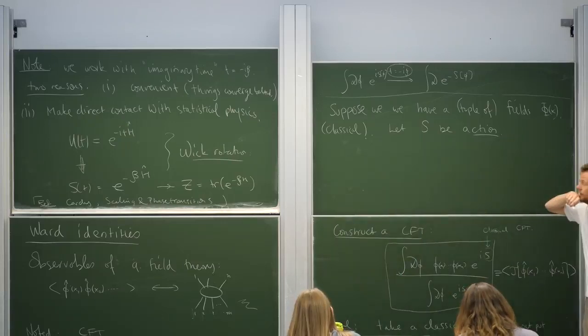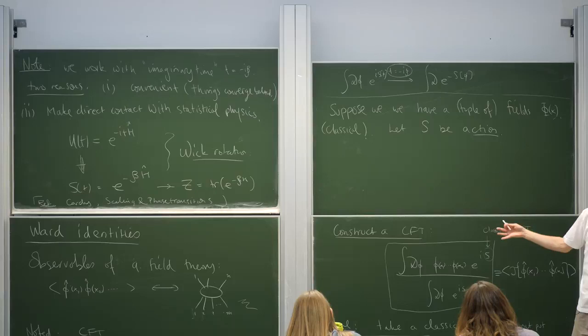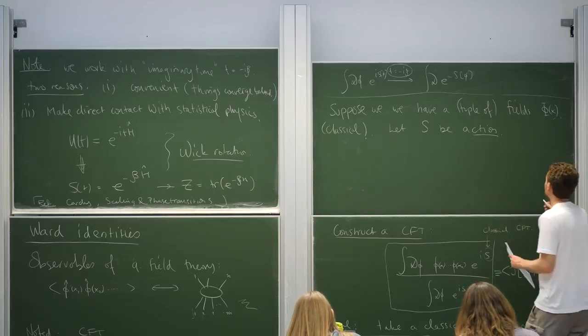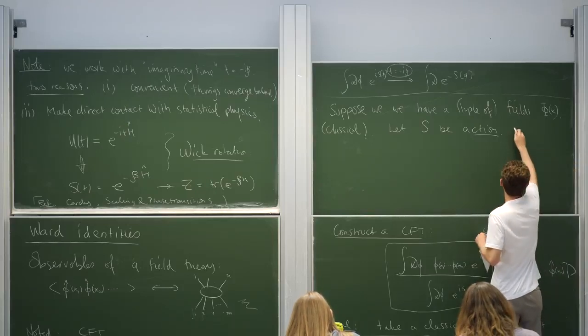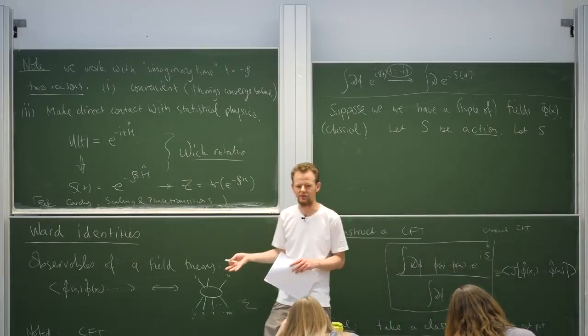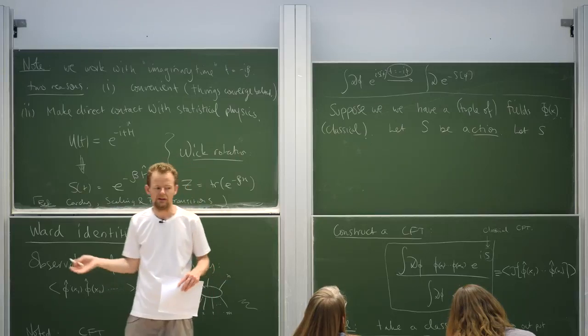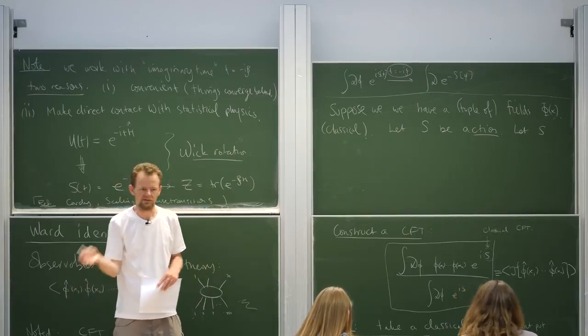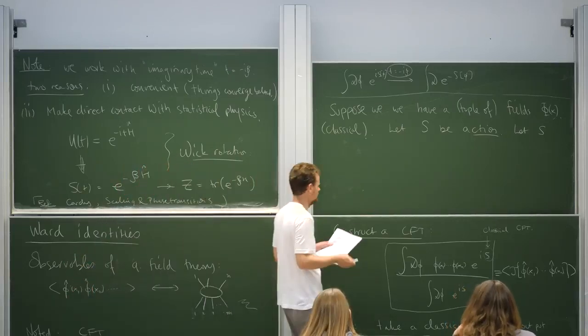Now, we're not going to just take any old action. We're going to take actions that are sufficiently symmetric, ones that are invariant under lots of symmetry transformations. Because if we can't even have a classical theory that's invariant under conformal symmetry, then it's not really a good place to look, is it? We should start with something that we think is conformally invariant.